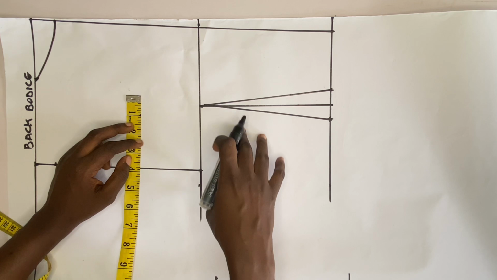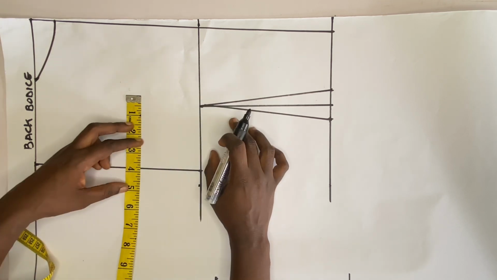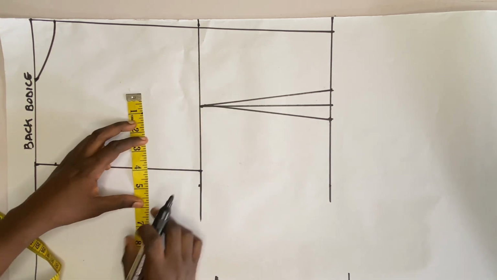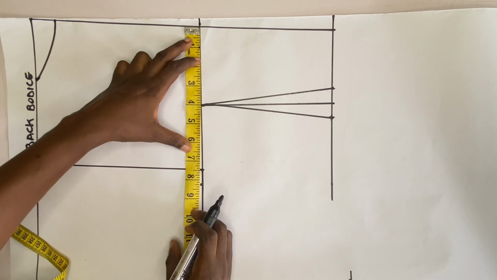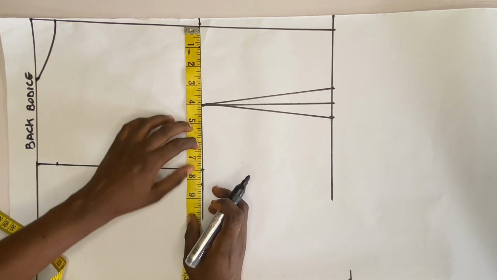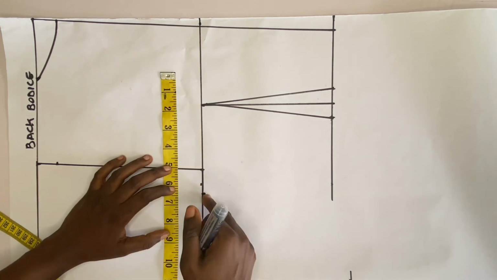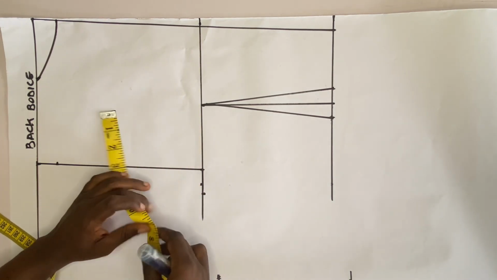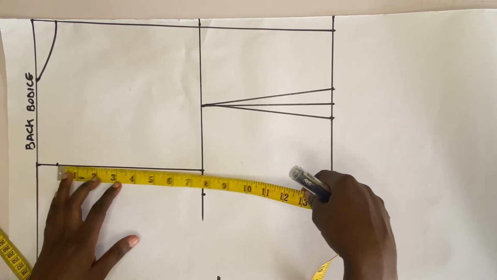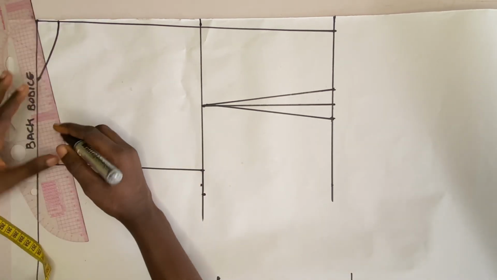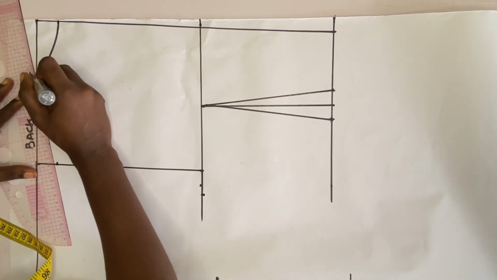So 18.5 will give me 17.5 divided by 2 will give me 8.75. So I'll be taking the measurement from here, 8.75. So this is the new measurement we are working with, which is for the back bust measurement. Then remember, we've gone down by 1 inch, then we'll rule the line across.